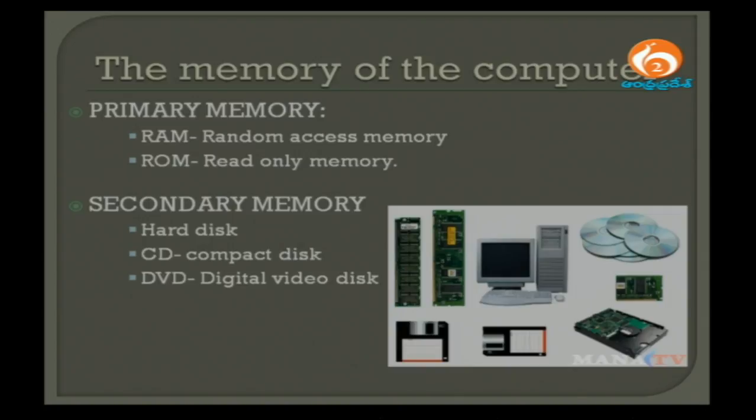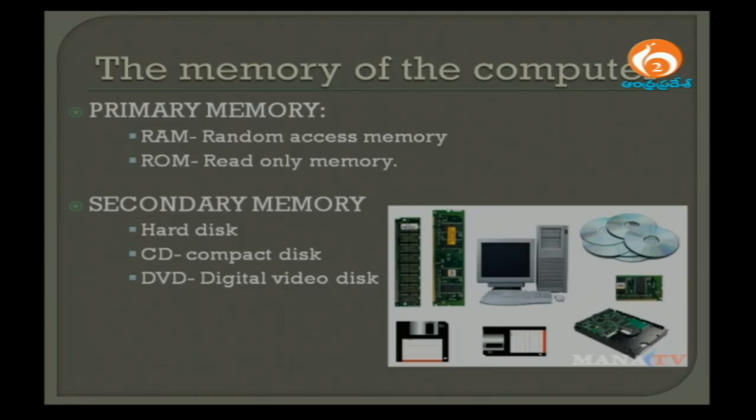In the secondary memory, we have hard disk, CD, and DVD. When I say CD, it is compact disc, and when I say DVD, it is digital video disc. Now let me explain the secondary memories we are talking about in the computer characteristics.